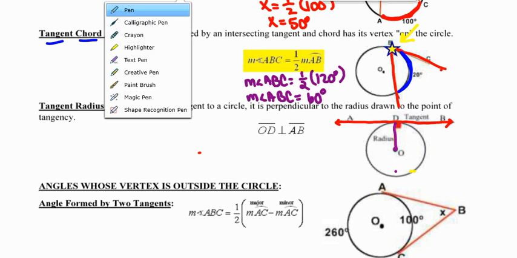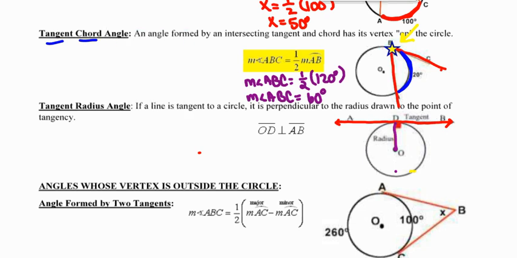Here's how come, and especially as honor students, you should understand this. When I look at the vertex of the angle, it's there at point D. It's on the circle. So if it's going to follow the example that the first two set for us, its vertex is on the circle, so its angle measure should be half of the arc.